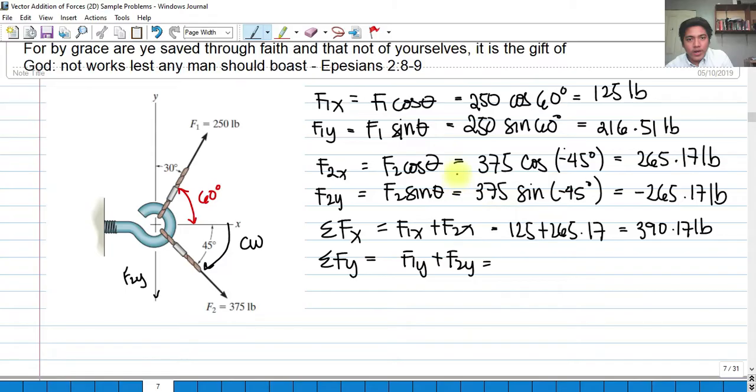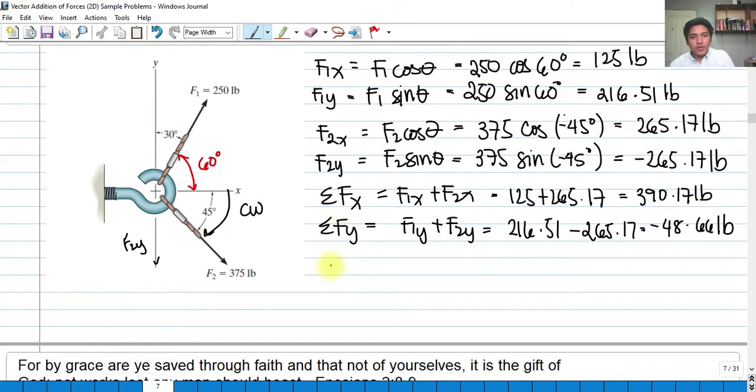For Fy, F1y is 216.51, F2y is plus negative 265.17, so that should be negative 48.66 pounds. And what do we do in order for us to get FR?